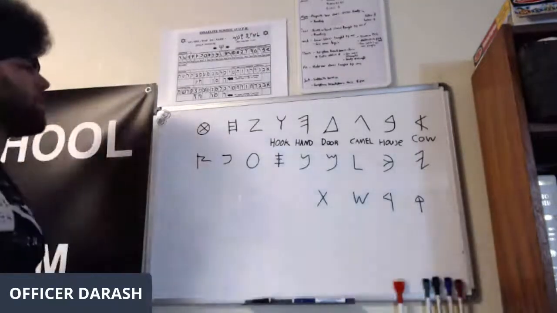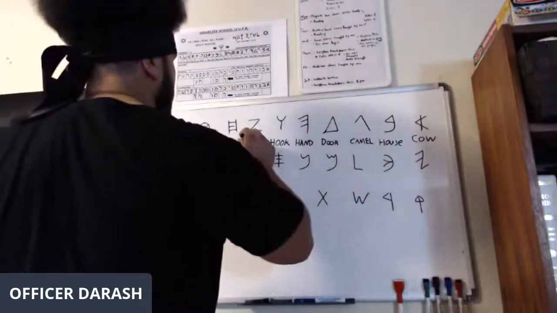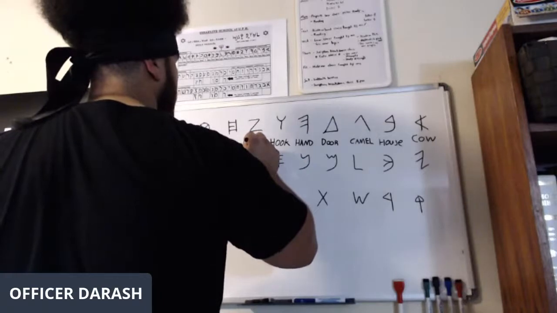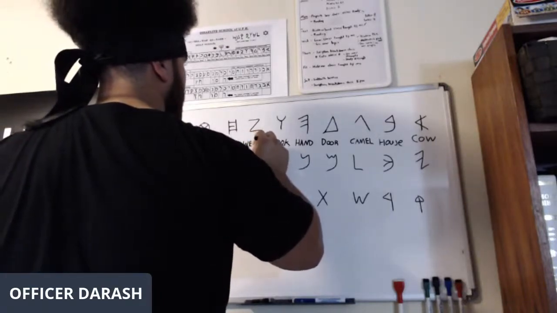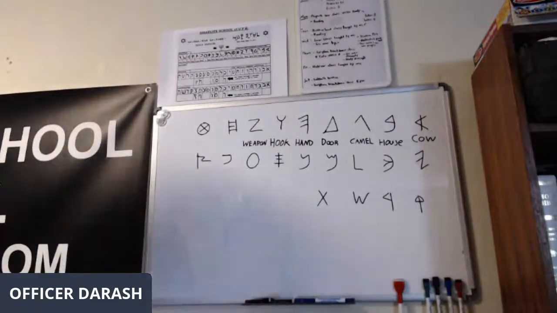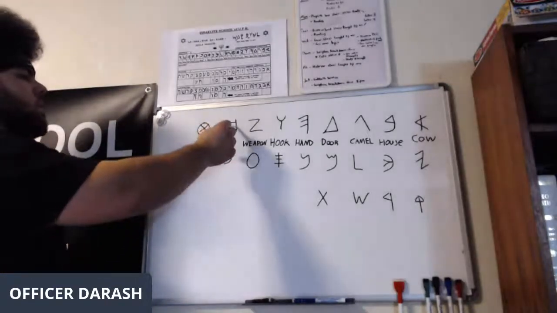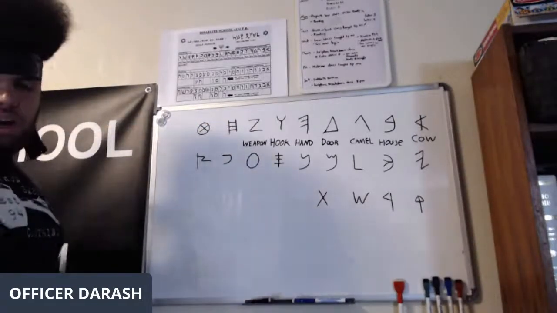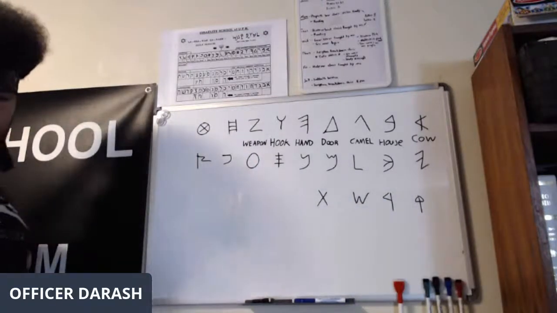Zayan means weapon. All right, weapon. All right, kama is wall.